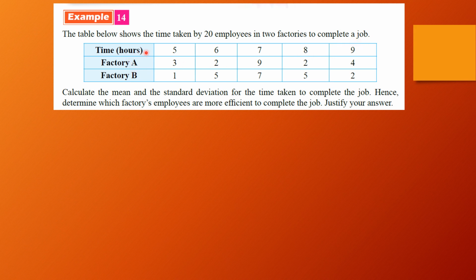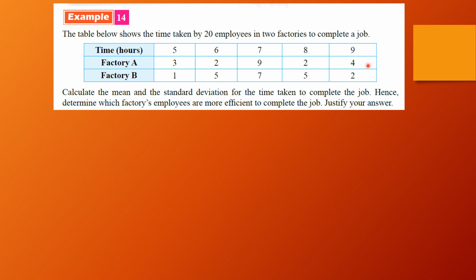So given here, factory A and factory B. For 5 hours, there are 3 workers in factory A and 1 worker in factory B. For 6 hours, there are 2 workers in factory A and 5 workers in factory B. For 7 hours, there are 9 employees in factory A and 7 employees in factory B. For 8 hours, there are 2 in factory A and 5 in factory B.